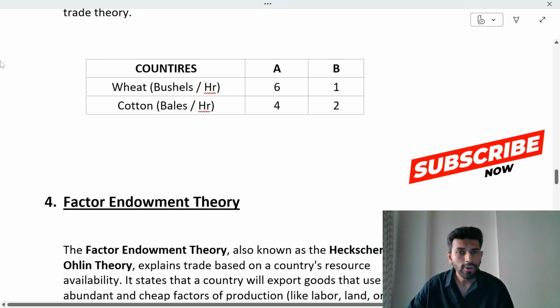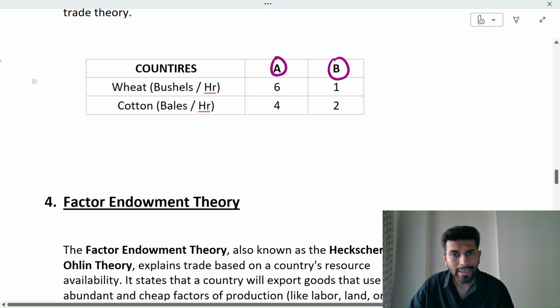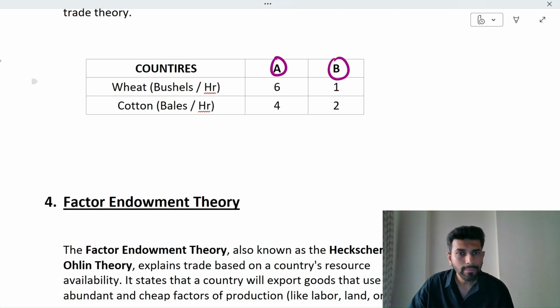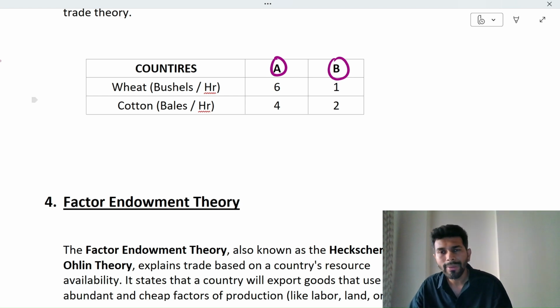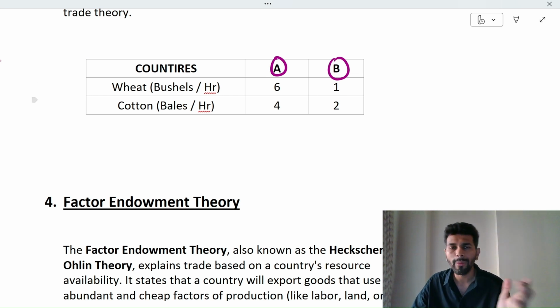Country A produces 6 bushels per hour of wheat and country B produces 1 bushel per hour of wheat. Similarly, country A produces 4 bales per hour of cotton and country B produces only 2 bales per hour of cotton. So, compared to country B, A produces more quantity of both commodities.